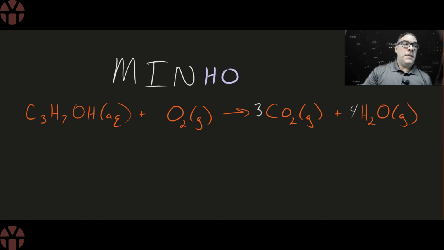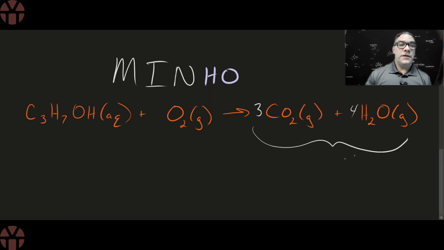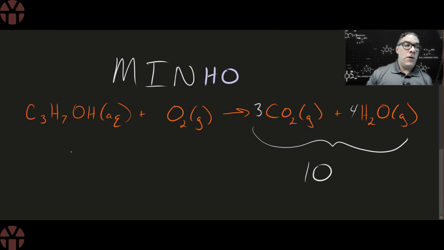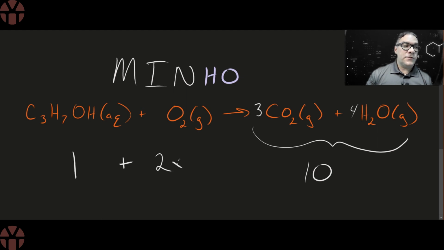So what does that mean? When I got to this point where I had 3 carbons, 8 hydrogens, and now I'm sitting over here on this side with my 10 oxygens, I know that I'm going to get 1 oxygen from this. So 1 plus, in essence, 2x equals 10.